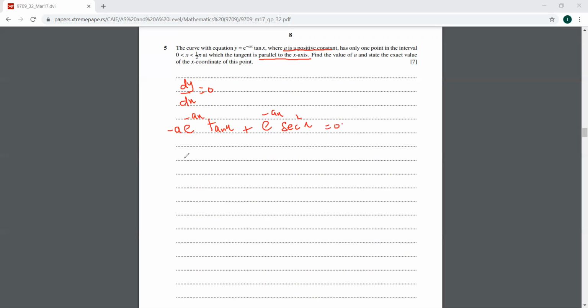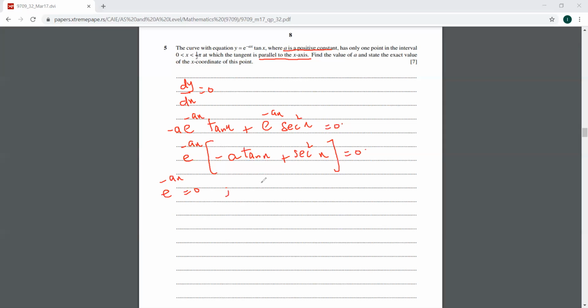From here, you see that your e raised to power minus ax is common. So you have minus a tan x, and you have plus secant square x, that is equal to 0. You put this e raised to minus ax equal to 0, and you get no value of x, okay?